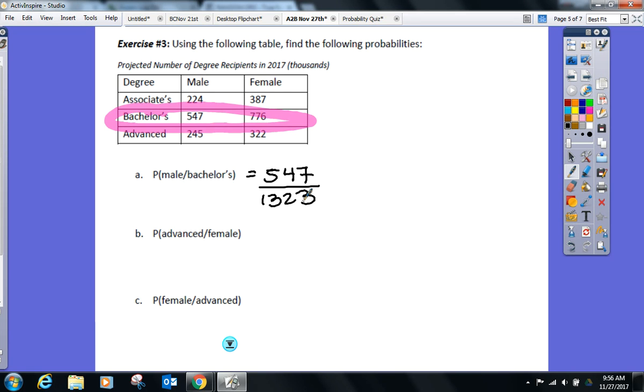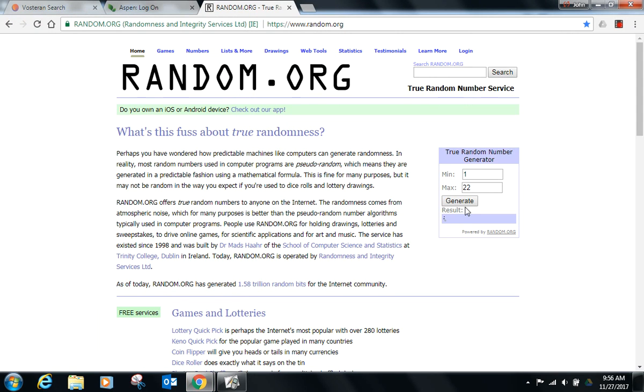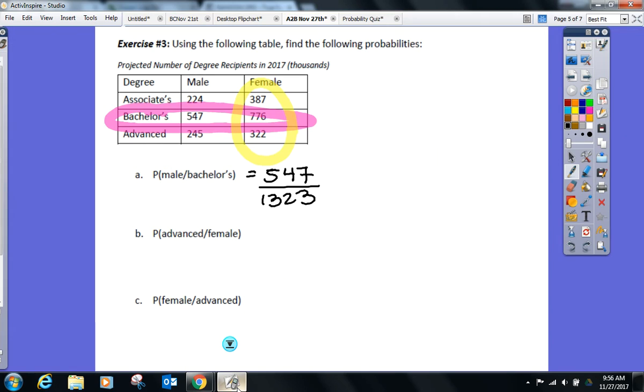All right, here you go. Probability you have an advanced degree given you're female. Well, I have to look at the female column. Out of all these females here, you're already female. What's the probability you have an advanced degree? So out of all the females here, what's the probability you're going to have an advanced degree? Here we go. What do we got?